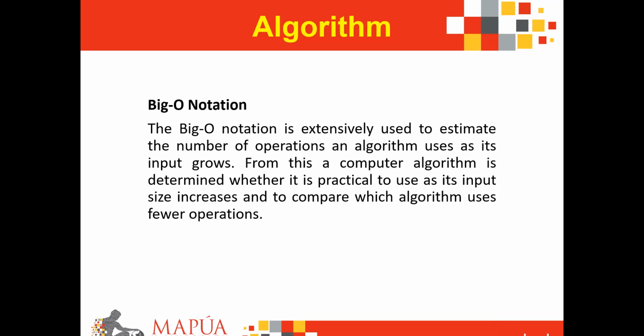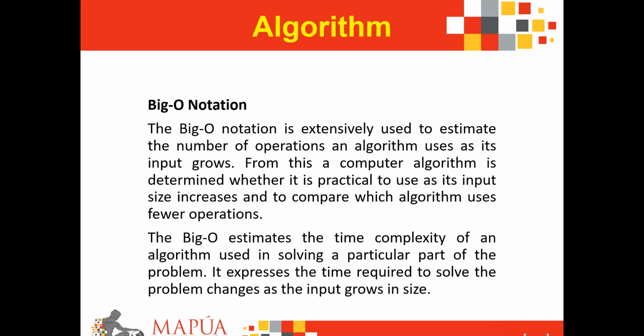And if you have more operations involved in your algorithm, this will also take more time to implement. The big O estimates the time complexity of an algorithm used in solving a particular part of the problem. It expresses how the time required to solve the problem changes as the input size grows. Therefore, your big O notation subdivides your given algorithm into several complexities.